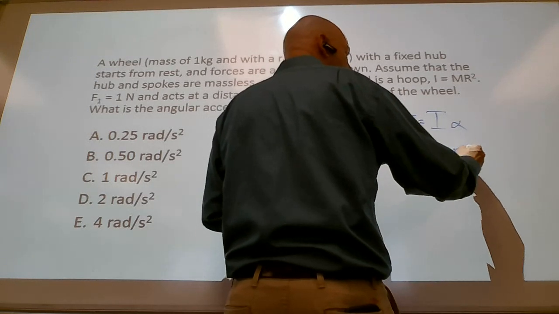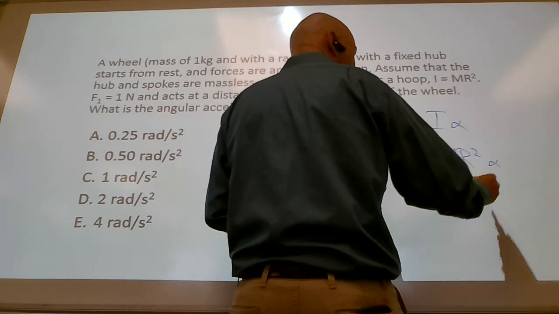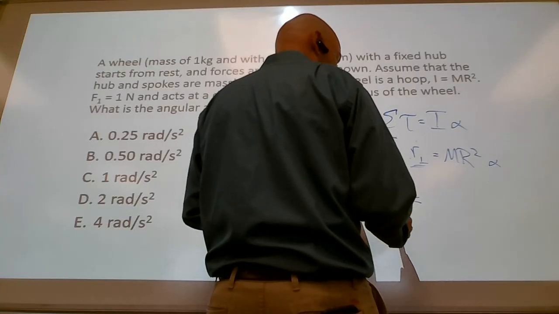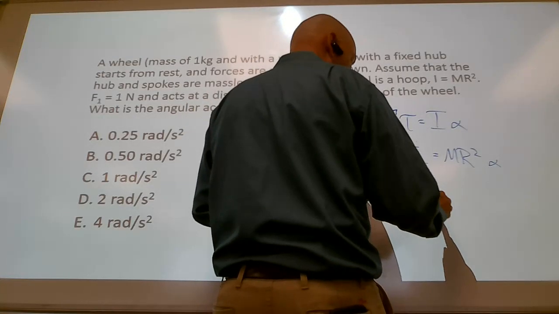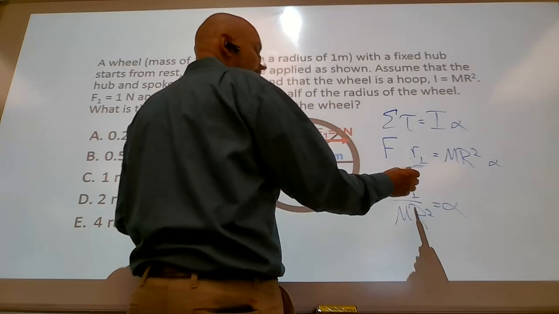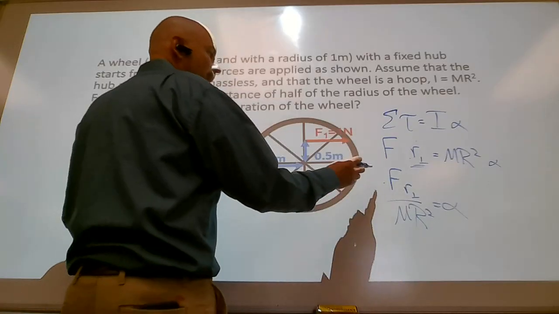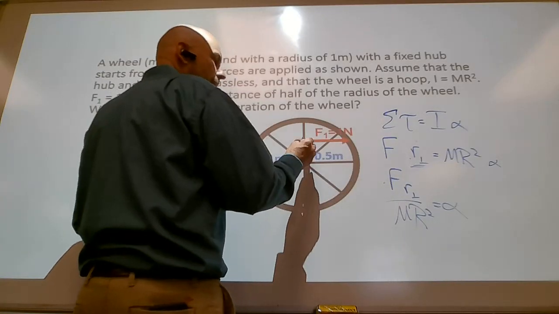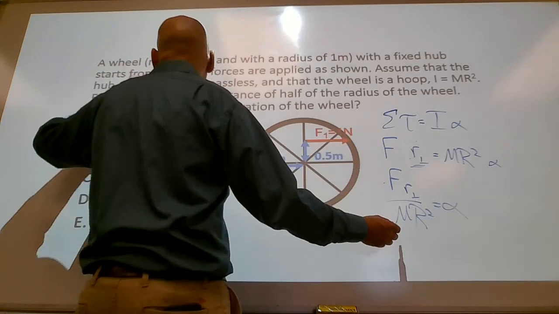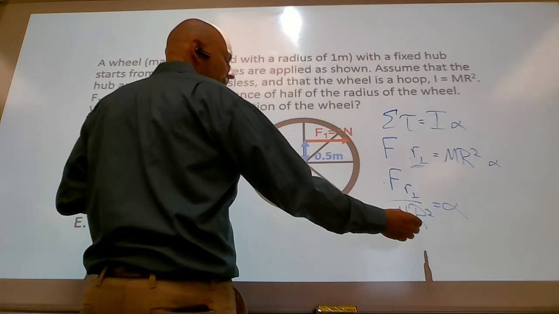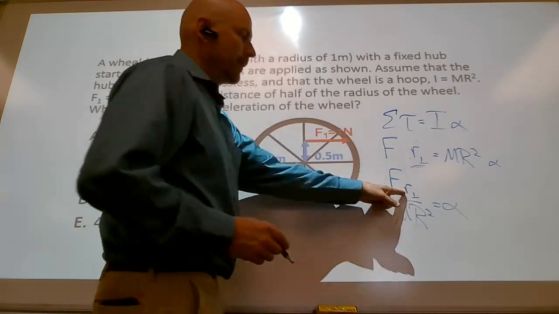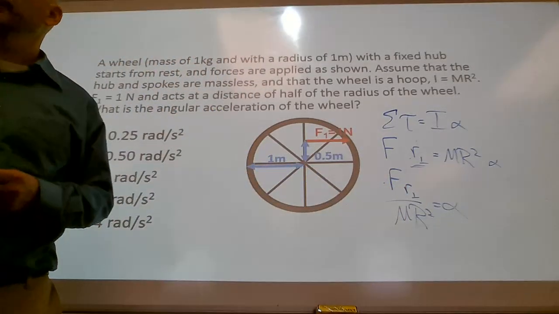So m r squared alpha: you have 1 times 0.5, divided by 1 kilogram times 1 meter squared, so let's just have 0.5 for the radius.